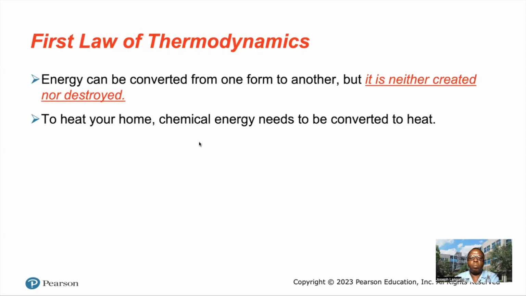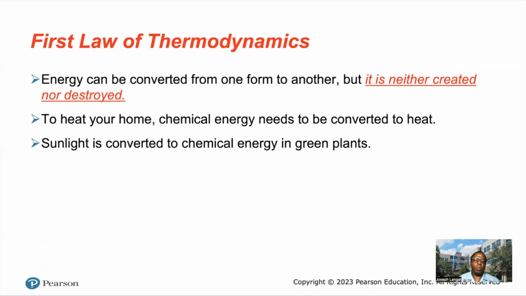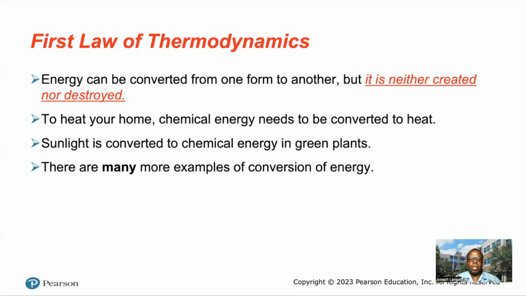To heat our homes, we need chemical energy, which is converted to heat energy in warming our home or even cooling it down. Sunlight is converted to chemical energy in green plants during photosynthesis. There are many other examples of conservation of energy. You can also list other forms of energy transformation.